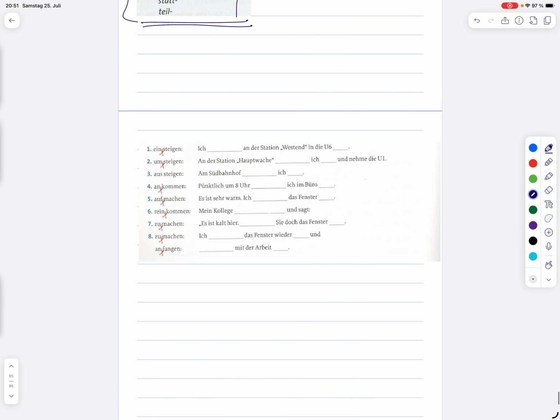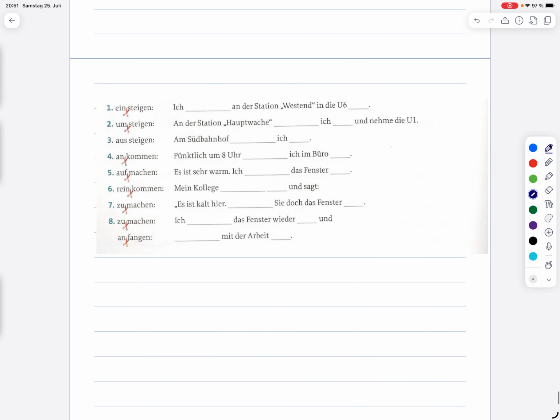So let's look at some examples in sentences, and then we try to follow the rule of the Trennbare verb and see how we can do it. So first is einsteigen, right? Ich steige an der Station Western in die U6 ein, right? So ich steige, and then at the end the prefix ein, right?